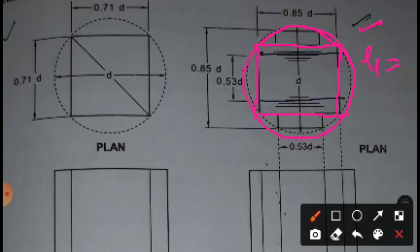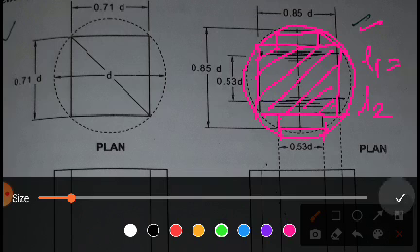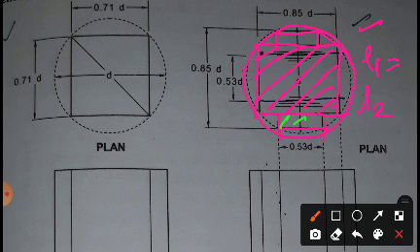You get the central core material. Next, L2, two step, this is cruciform. L2 is equal to 0.53D. Draw the length 0.53D, join these two lines, and then you get the second core material.